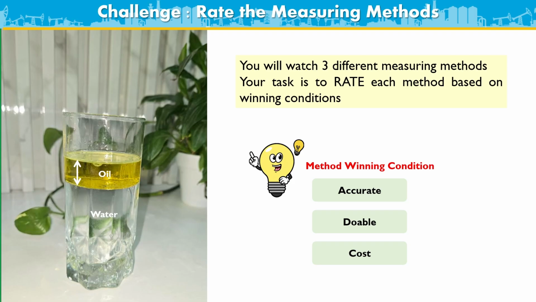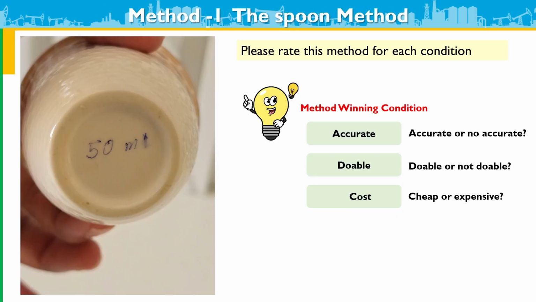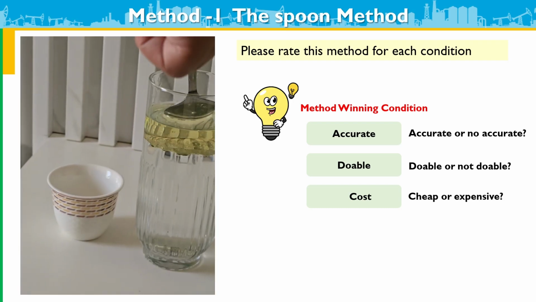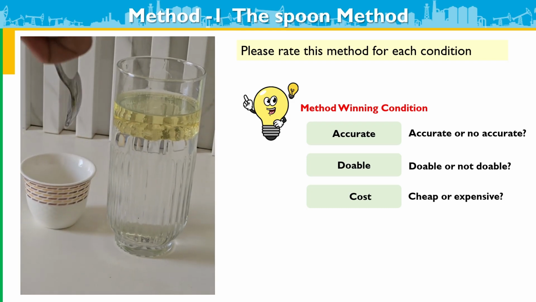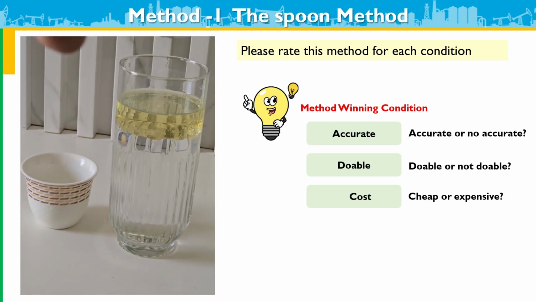So I will start with the first method. I call it the spoon method. In this method, I want you to watch how the oil volume is measured. A spoon is used, as you can see from this video, to transfer the oil from the glass into a small cup with a volume capacity of 50 ml.